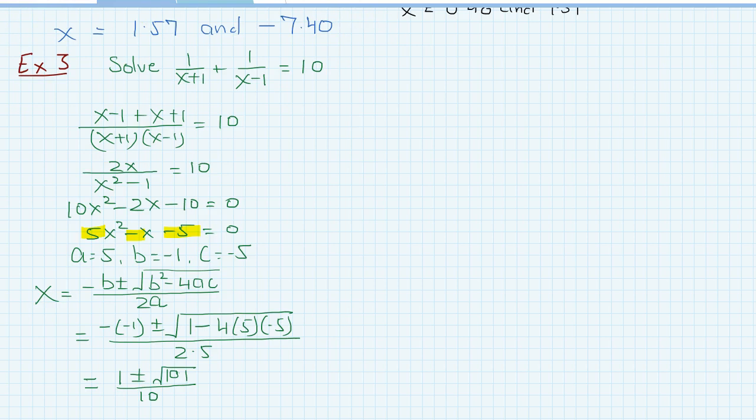Now example 4. Find x. This is a right angle triangle. This is x. This is x plus 9.